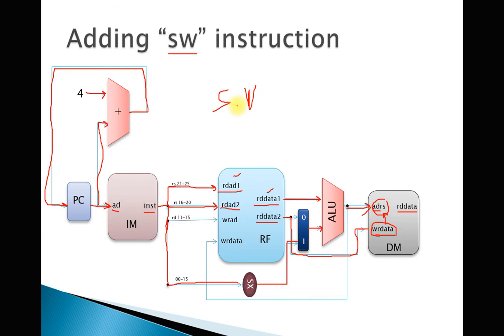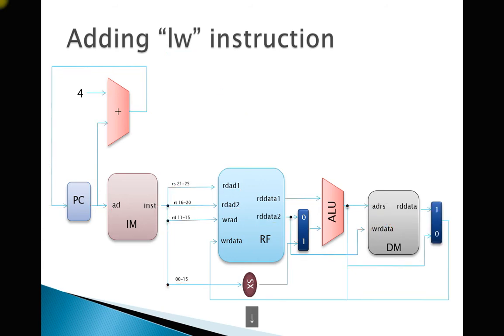Now let's see what kind of changes we have to make, from store word to load word. For load word, we know that we have to load data from DM to RF. Everything is the same. We just have to bring a multiplexer here so that when we read the data from DM, we pass that data on to the register.